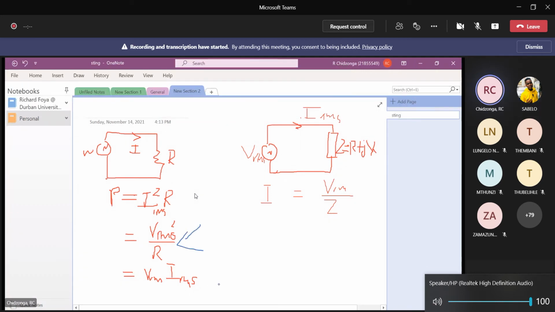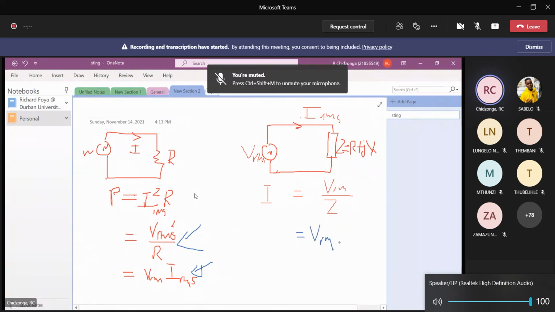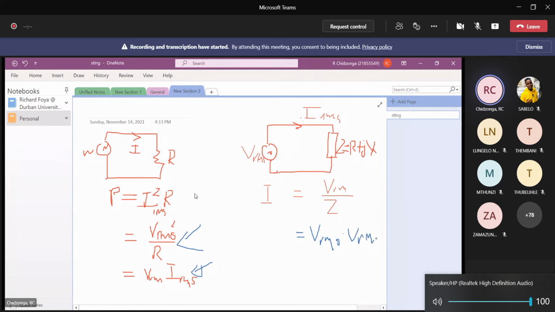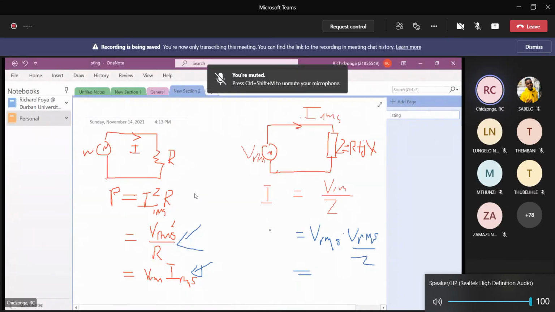This expression tells us that the power is going to be VRMS times the current, which means it's VRMS over Z. If you multiply, this is now power. But remember, Z in the denominator is a complex quantity.